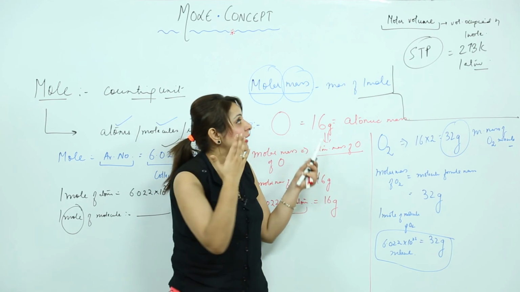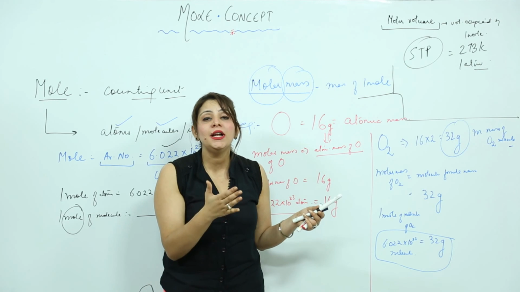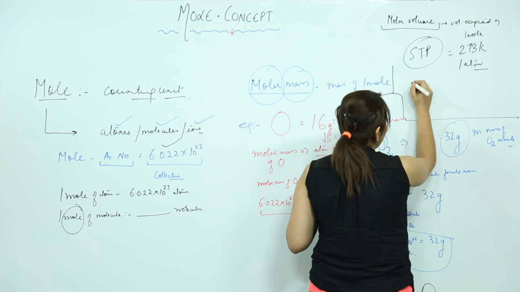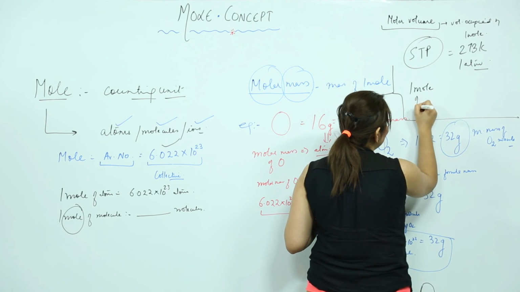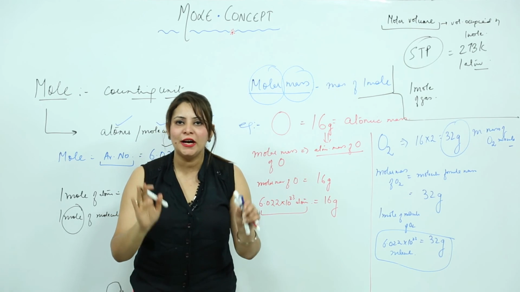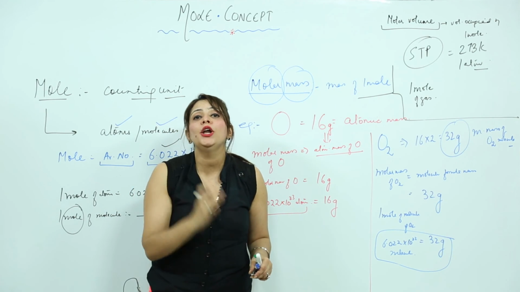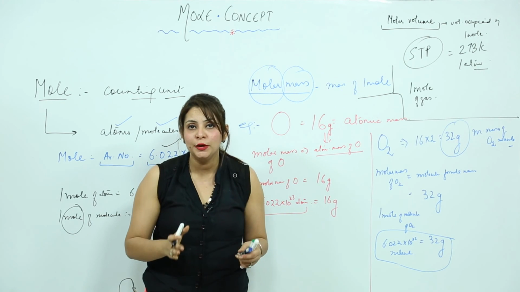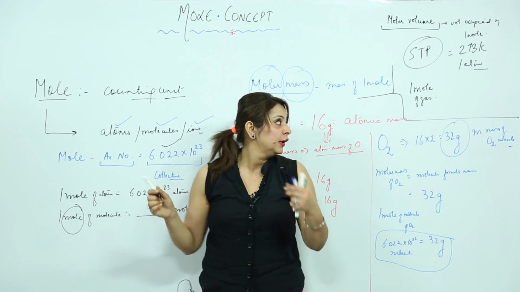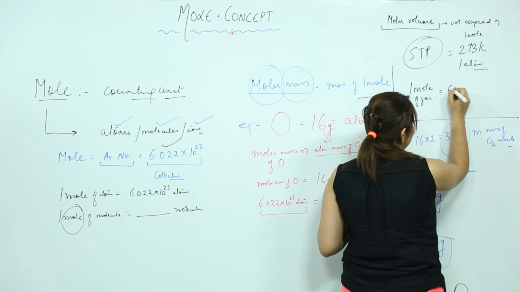So at STP condition, equal volume of gas, suppose again I am explaining, suppose we have 1 mole of gas. I am taking an example. So how many molecules will it contain? You know how many molecules it is going to contain, because mole signifies this number.